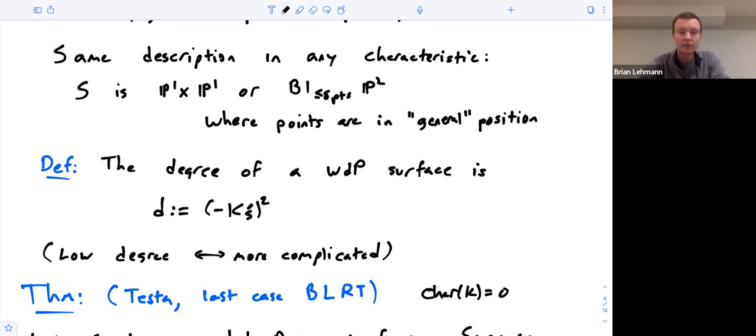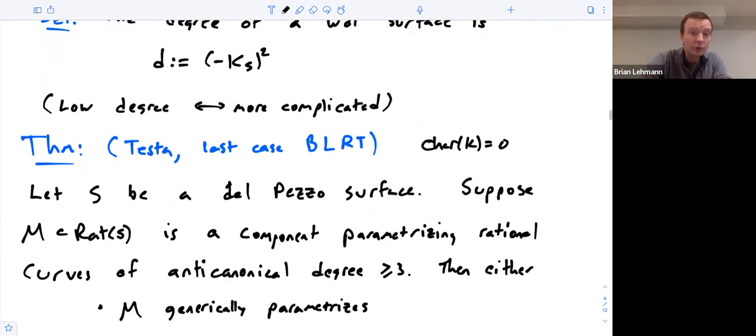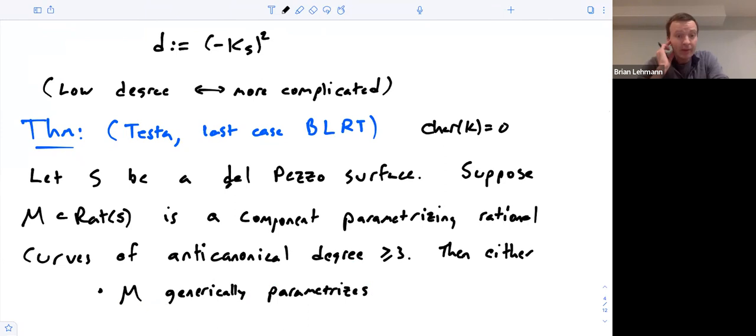And each time you blow up a point, the degree drops by 1. So in particular, when we have low degree, that means that we've blown up lots of points. And the del Pezzo surfaces of low degree are much more complicated than the del Pezzo surfaces of high degree. So we're interested in studying rational curves. And for rational curves, if we're working over a field of characteristic 0, the behavior of rational curves on del Pezzo surfaces was analyzed by Testa.